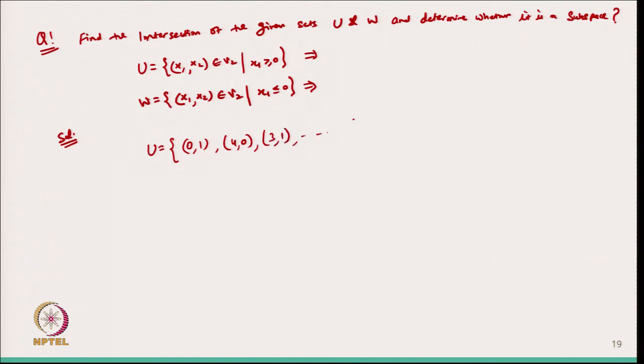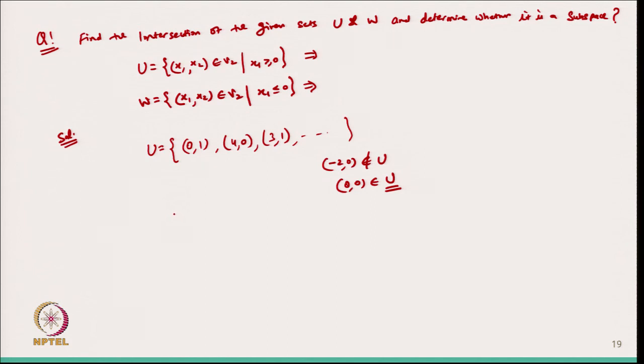But if I have the element (-2, 0), that does not belong to U. This we have to keep in mind. Also, (0, 0) belongs to U. So, first we have to check whether U is a subspace or not.